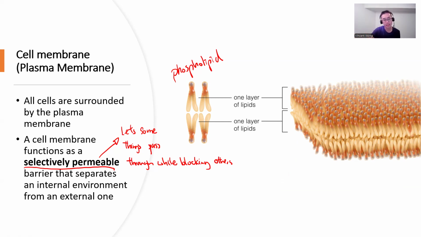And the cell membrane is a barrier that separates the internal environment, which we know is called the cytoplasm, from the external one, the extracellular fluid.